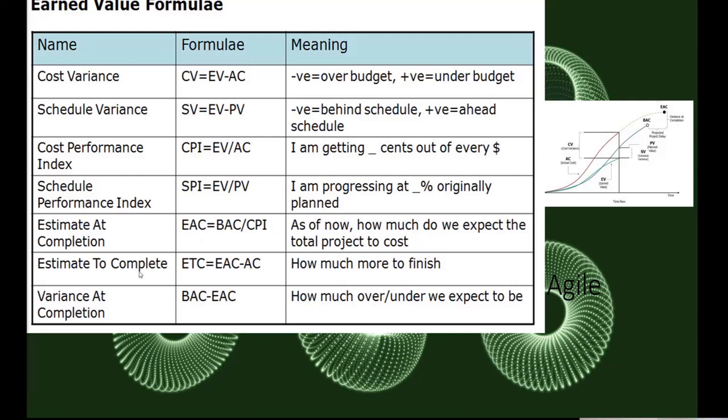And estimate to complete, ETC. It is the EAC minus AC. Like in here, estimate to complete. This is the EAC, and this is the AC. So this is how much you need to complete the project.